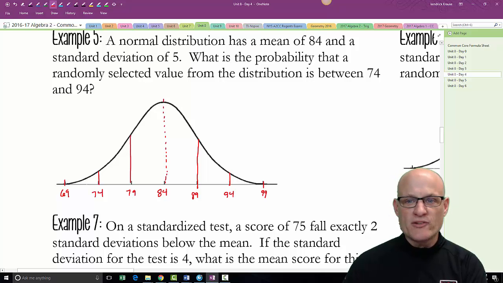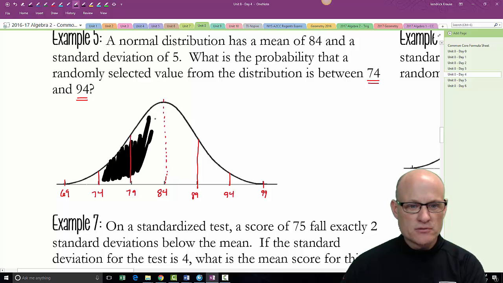So what does the question say? What is the probability that a randomly selected value from a population is between 74 and 94? So I'm going to shade that in. 74 and 94.